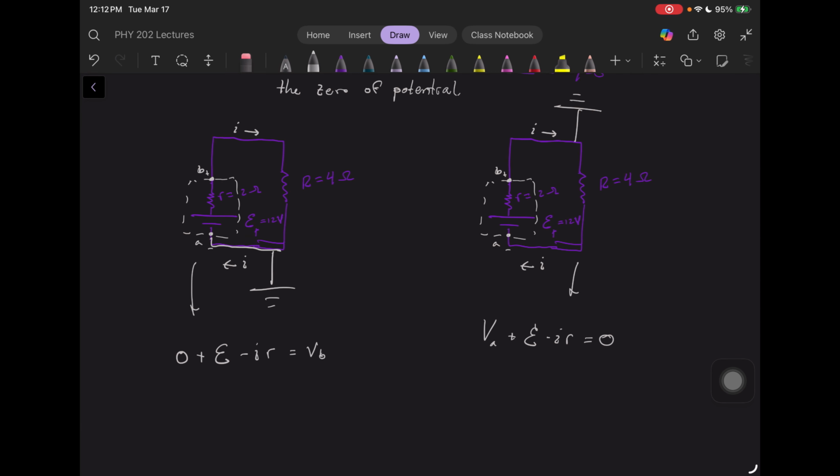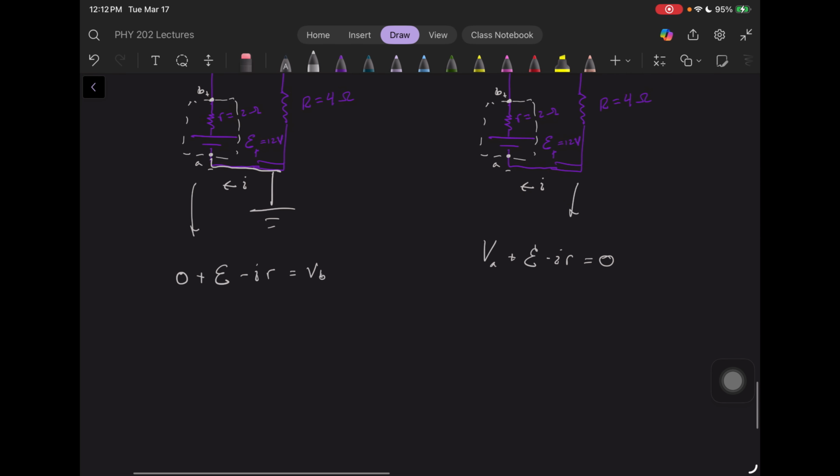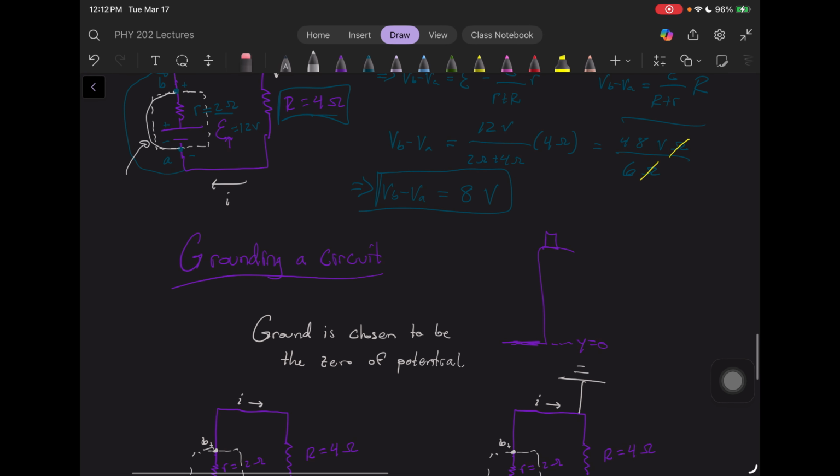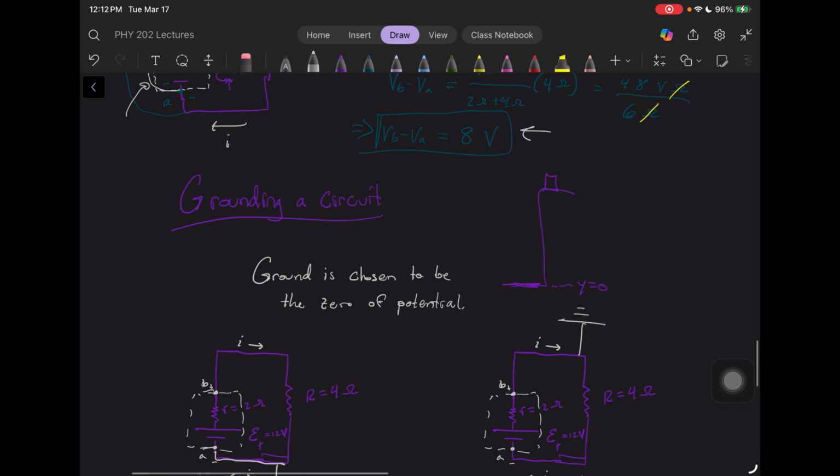I'm not going to go through all the argument, but the idea here is we chose VA equal to 0 and VB equal to 8 volts. We know the potential difference between A and B is 8 volts, so we don't have to rediscover that.